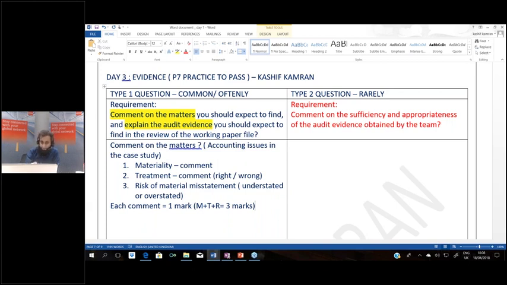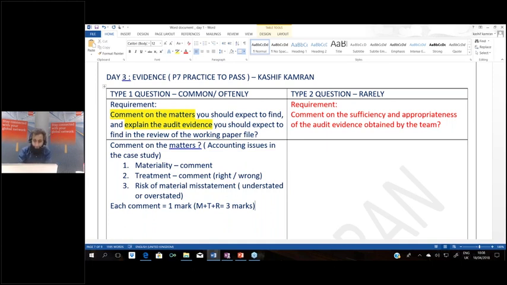So when the examiner asks you to comment on the matter, when the question is on evidence, then those matters are accounting matters, and you should comment on their materiality, treatment, and risk. So you're getting 3 marks for that.